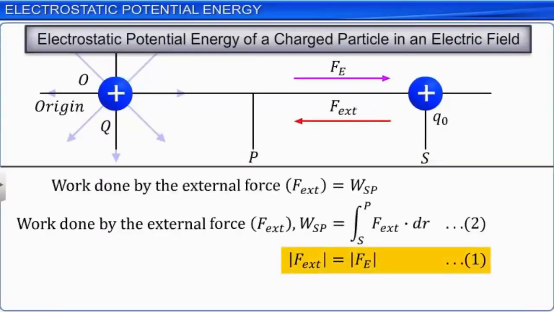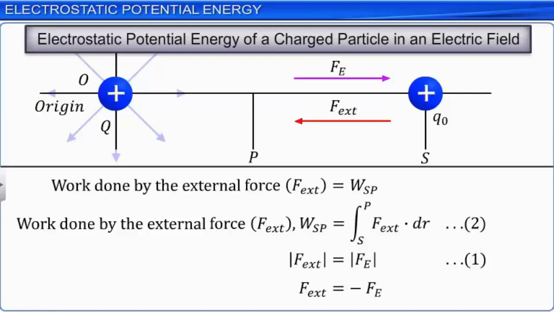From equation 1, we know that the magnitude of the external force F is equal to the magnitude of force Fe due to the electric field. But the direction of the electrostatic force Fe is opposite to that of the external force F. Therefore, we can say that external force F is equal to minus Fe.